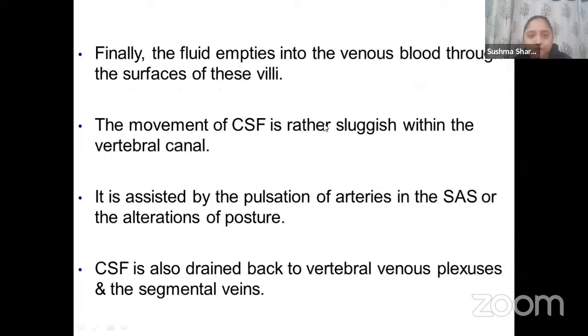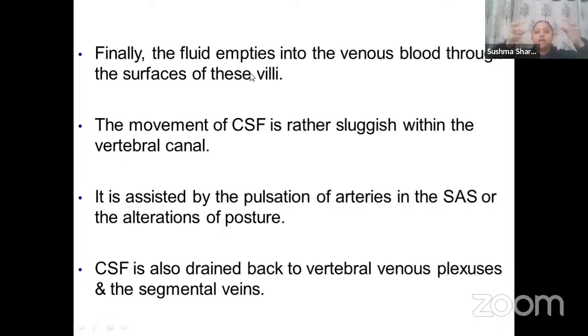Correct. Then finally, the fluid empties into the venous blood through these villi. So all of this fluid came down from the lateral ventricle to the third ventricle, then the fourth ventricle through the foramina of Luschka and Magendie. They further came down and entered into these cisterns, and then into the arachnoid villi.